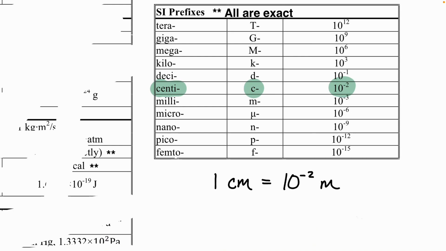All right? Another one that we've probably heard before, kilo for kilometer. We abbreviate that with this unit K. All right, and then we've got that value next to it, 10 to the 3. So again, what is that telling me? 1 kilometer is the same as 10 to the 3 meters.